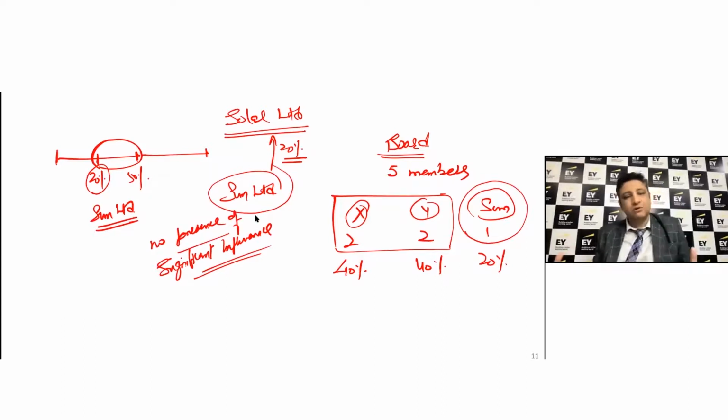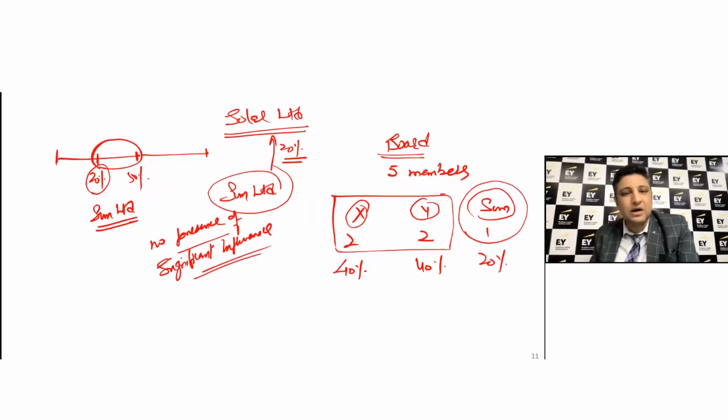By virtue of the facts of the case, it appears that even though the voting power exists to the extent of 20% for Sun Limited, the influence is likely not present. There's no participation, there's no availability in terms of the decision making. Practically, there's no say in the board meeting.